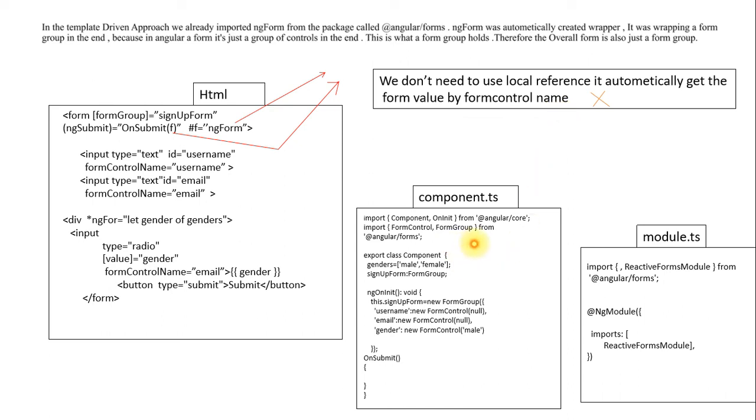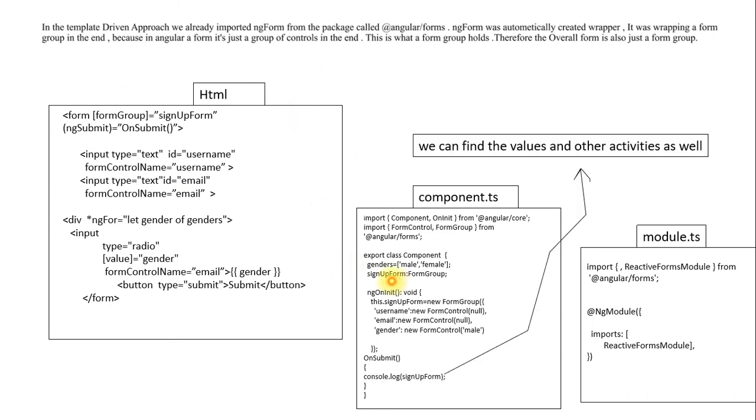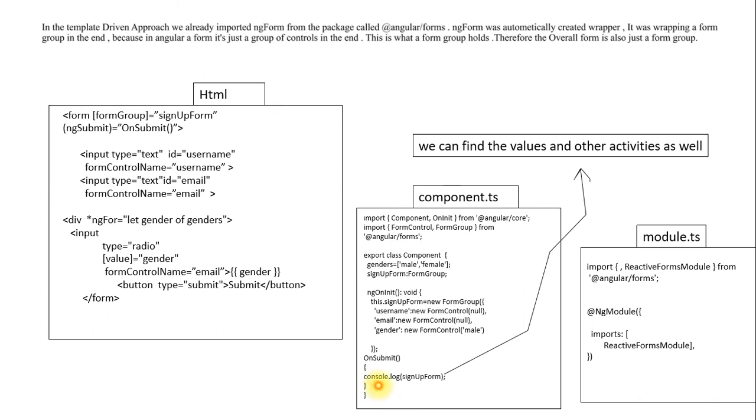So let's see how it gets the information. Okay, first you can see that the form group is connected with the sign up form. And at the same time, the onSubmit method is called here. So if we console log the sign up form, we get all of the information like username, email, or sorry, gender.